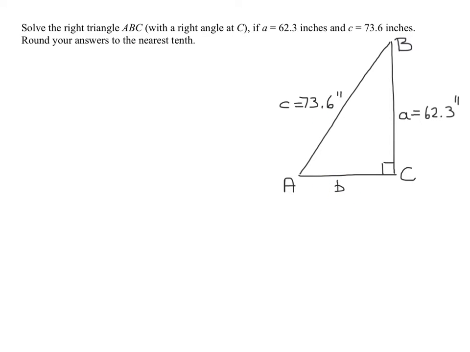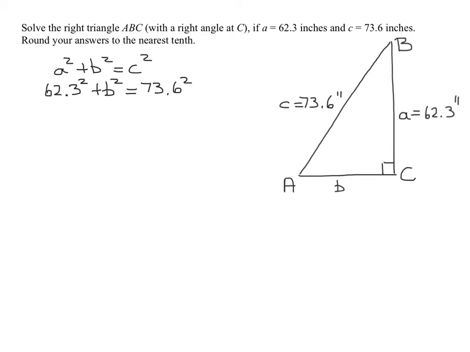Whenever you know two sides of a right triangle, you always find the third one using the Pythagorean theorem. So we know that a squared plus b squared equals c squared. So a is 62.3 squared plus b squared, I'm trying to find b, is c squared, 73.6 squared.